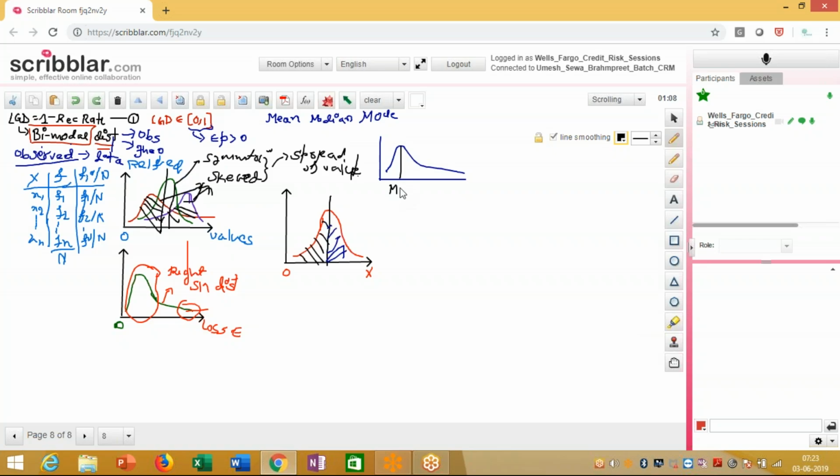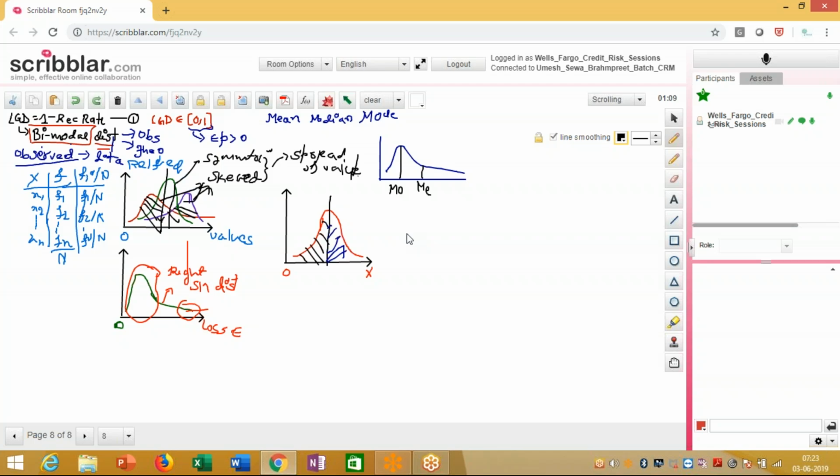Because this is where the distribution peaks up. The point where the distribution peaks up is your mode. Now, the median of the distribution will be the midpoint of the line, because it's a continuous distribution from 0 to infinity. So the midpoint over here becomes your median.